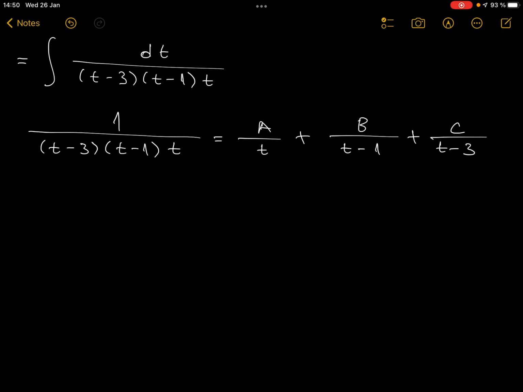Now I'm going to use the so-called cover-up method to find these unknown coefficients a, b, and c.